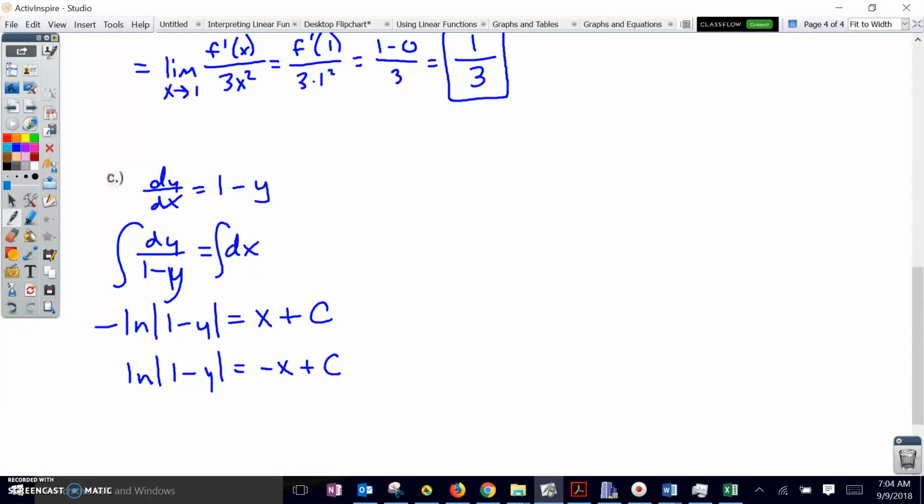Raise both sides e to that power, which is going to give me 1 minus y equals c e to the negative x. Subtract 1 from both sides. And multiply both sides by negative 1.